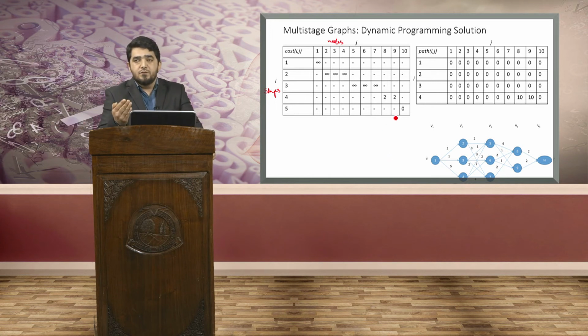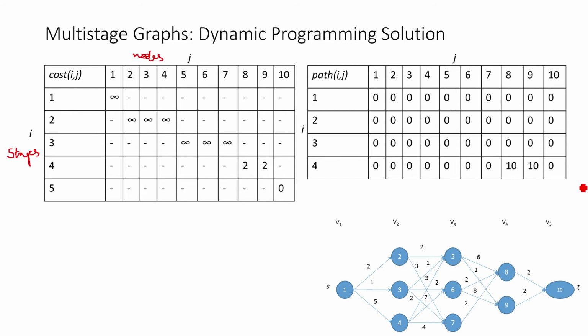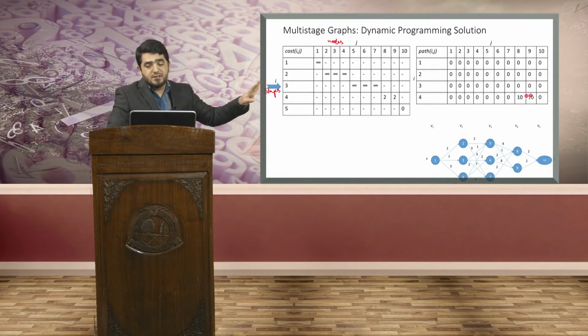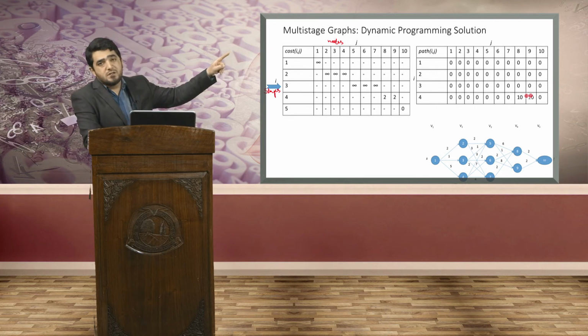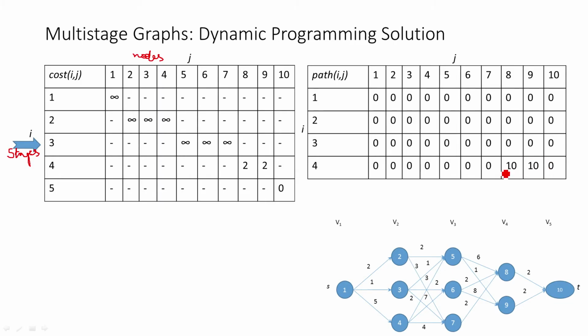Now if we move one step back, the cost of going from stage k minus 1 to node number 10 is 2 for both 8 and 9. So we have saved these base cases, and using the bottom-up approach we'll try to fill in the values at the cells marked as infinity. Initially we are setting them equal to infinity.